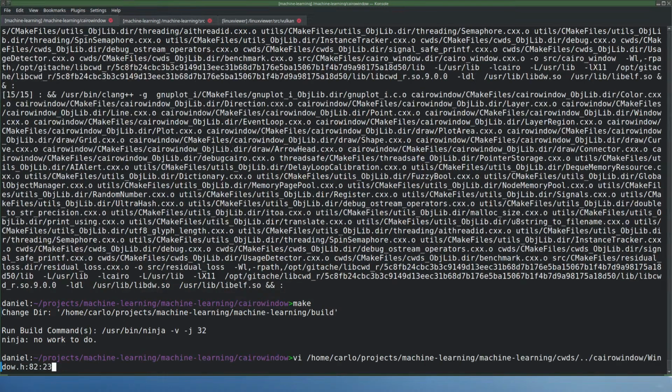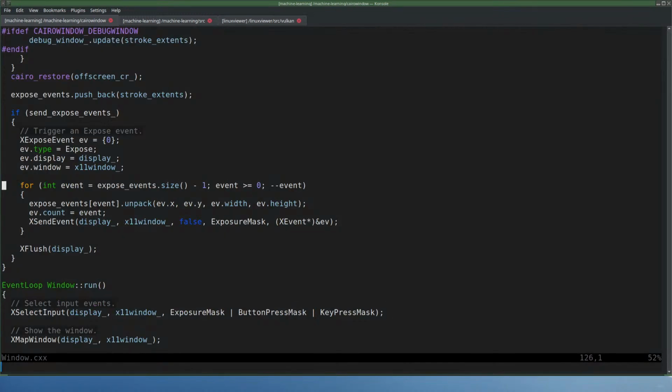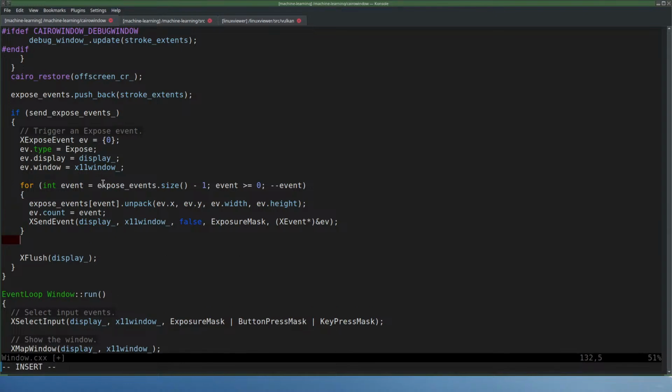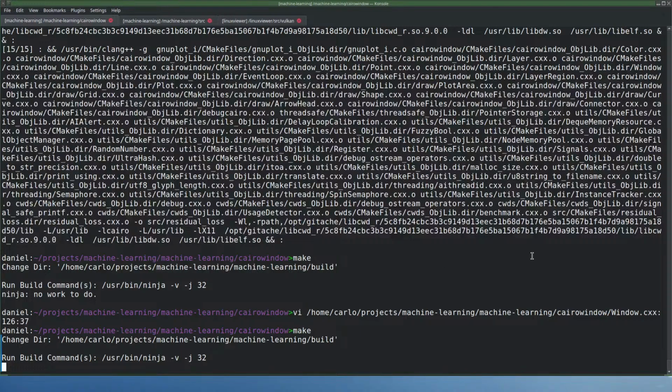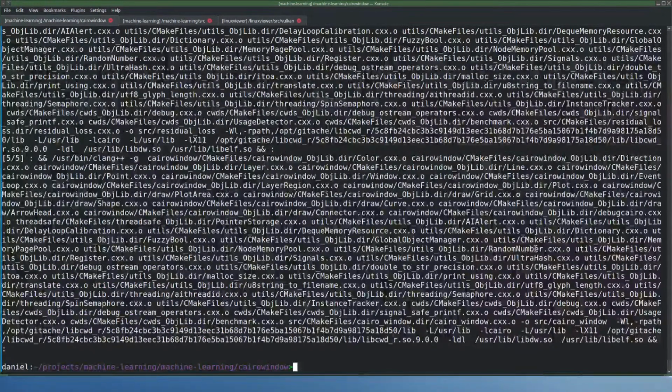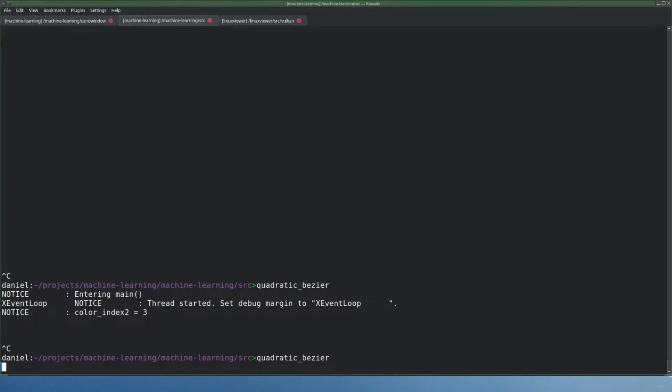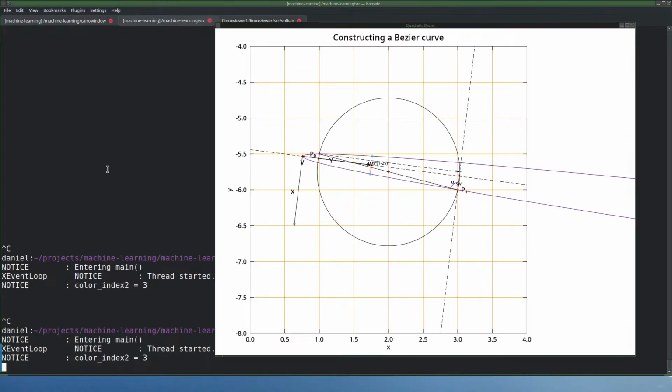Let me think. Now I have to go to window.cxx, or what was it? This one. And then after we send everything, I have to get rid of it. Yes, I think you were done with it. So something like that. That's better.